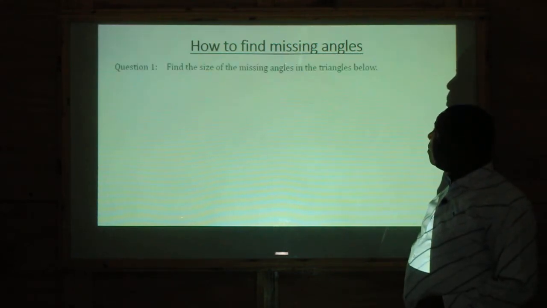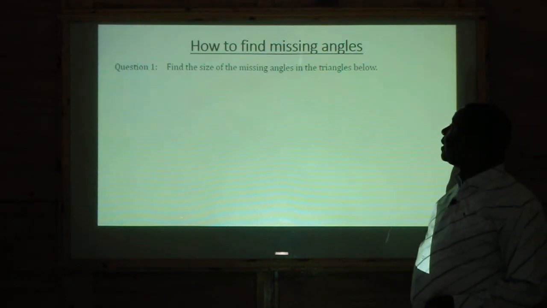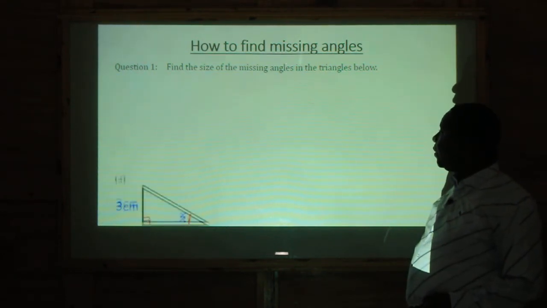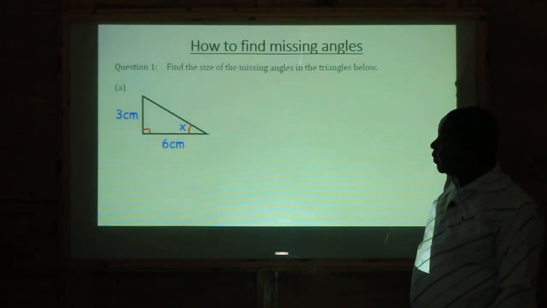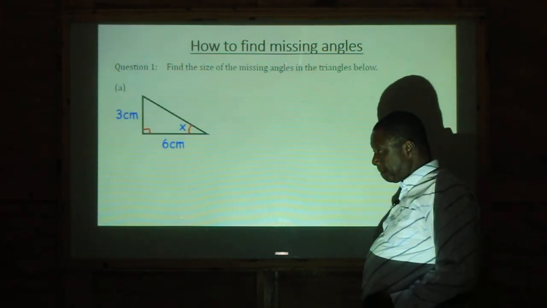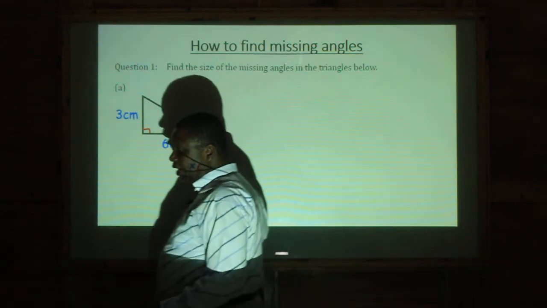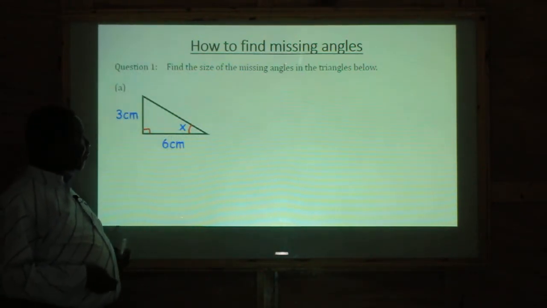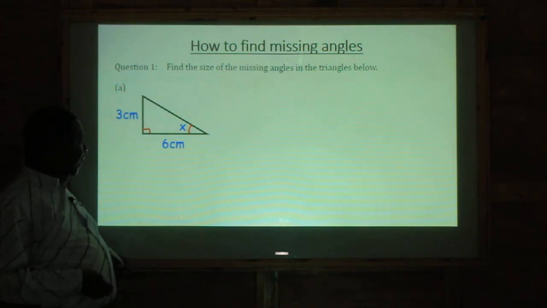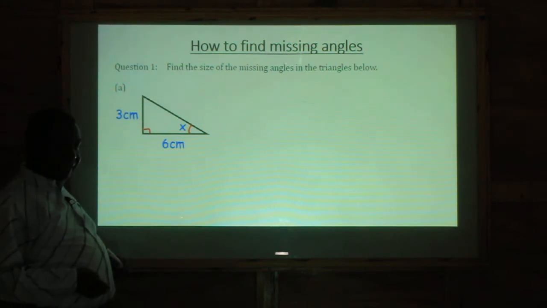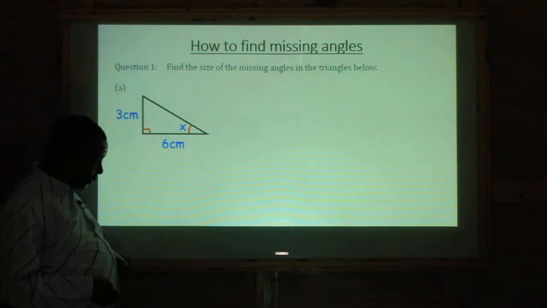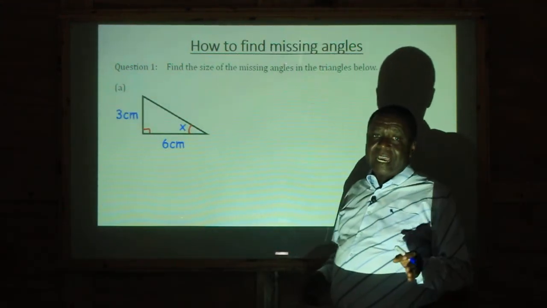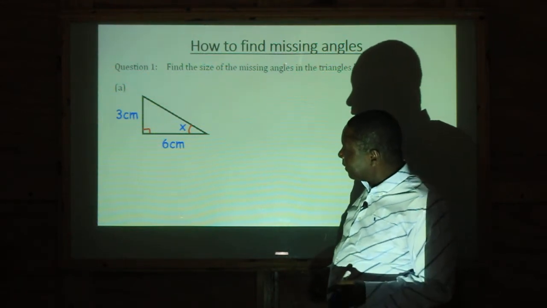So look at this. Find the size of the missing angle in the triangle below. This is one example. Let's imagine a question like this is given, and what they ask you to find is angle x. How do you find it? The first thing, just like what I've explained, is identification of the sides.